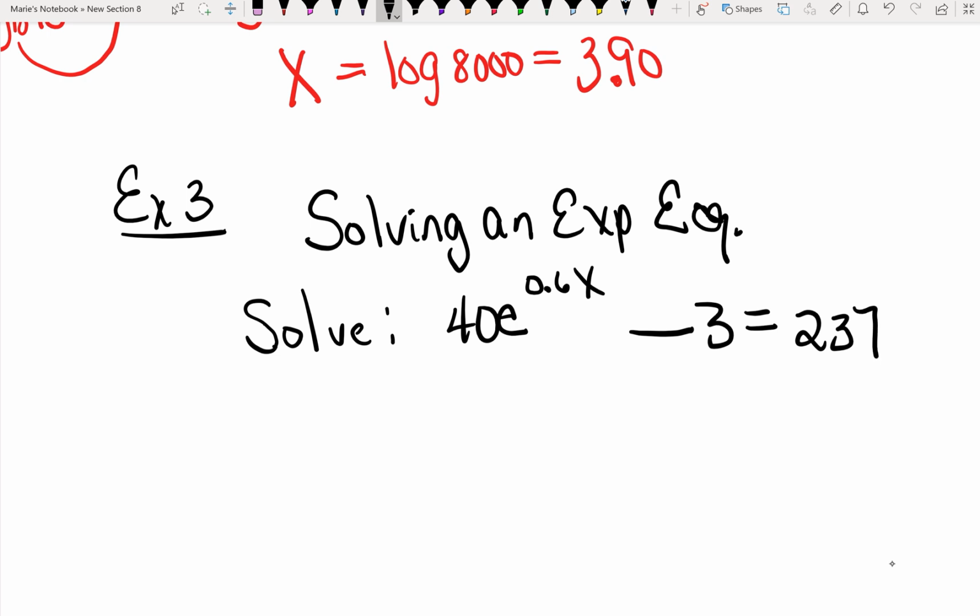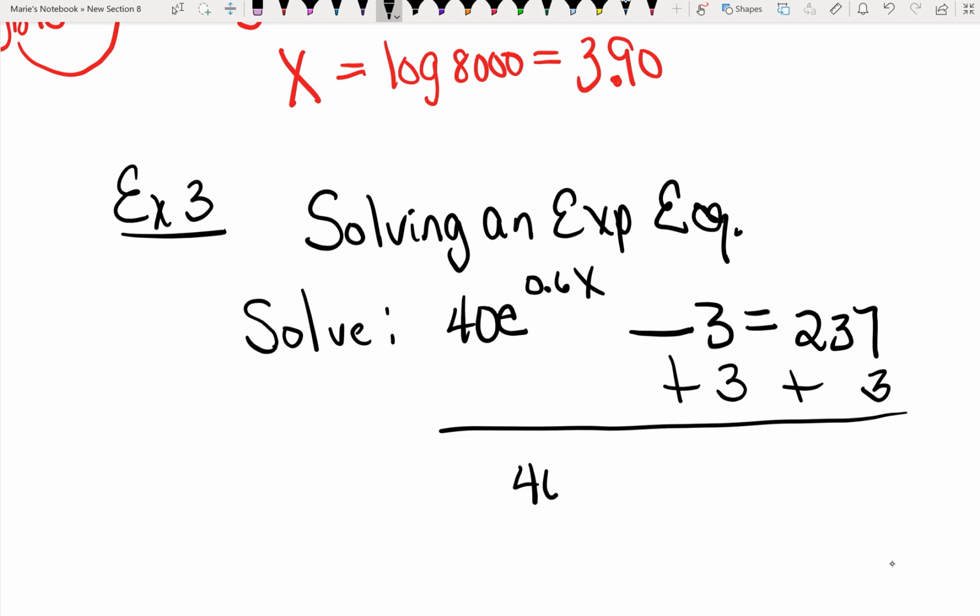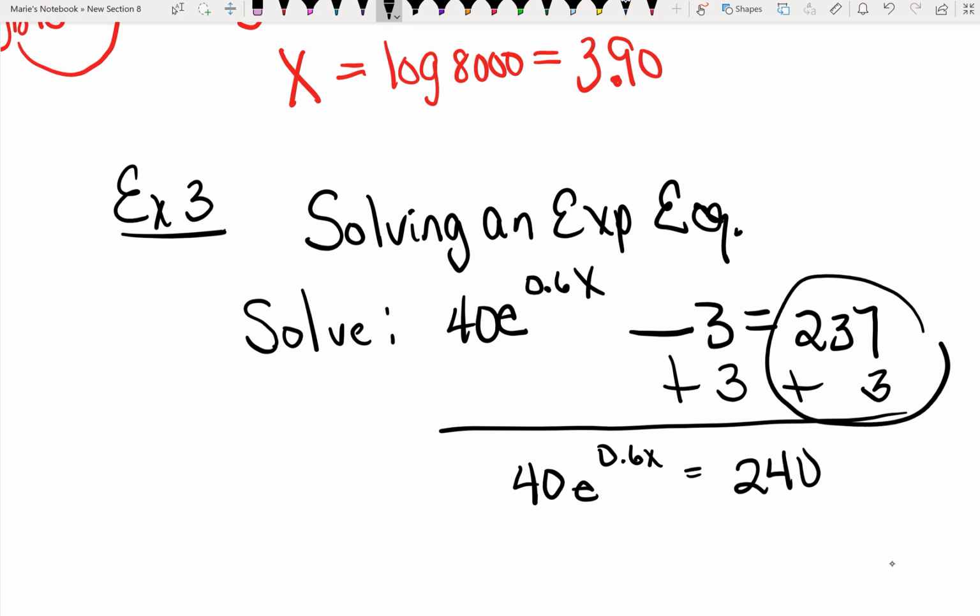There is no way that you can solve this unless you work out the equation first. So I'm going to begin by adding the 3 on both sides. This gives you 40 natural base e raised to the 0.6x is equal to 240, because I'm adding those two numbers.